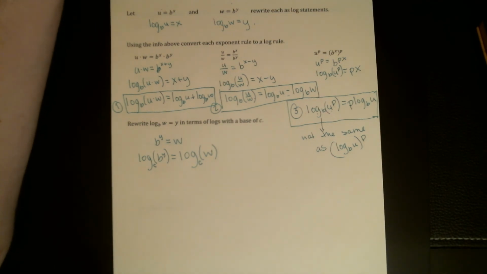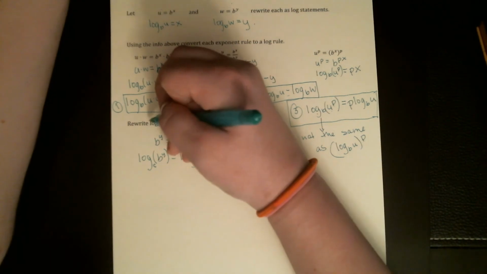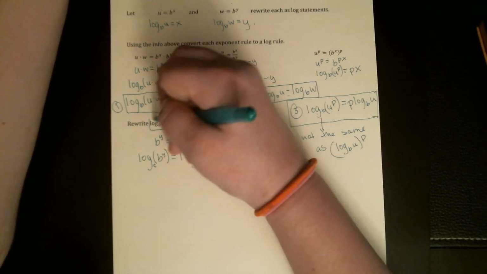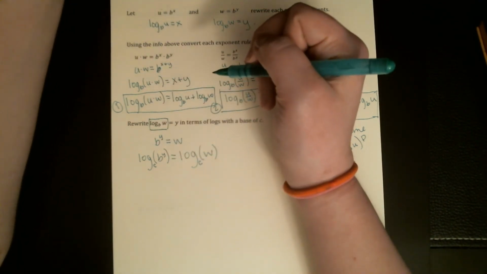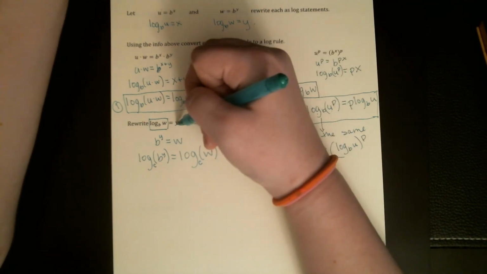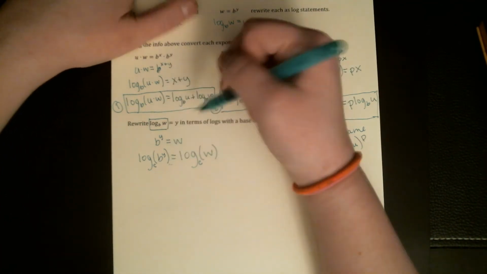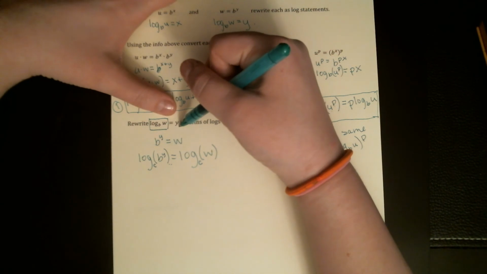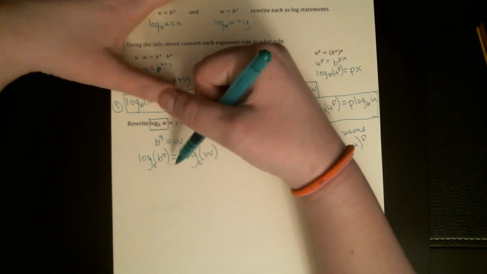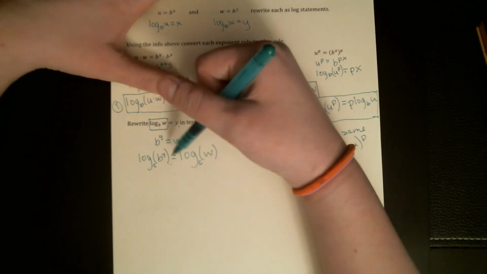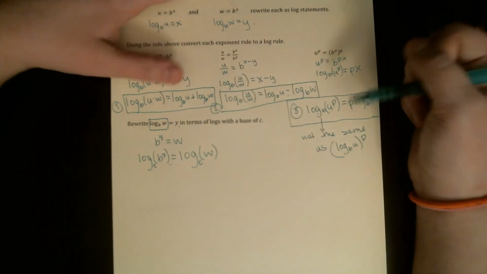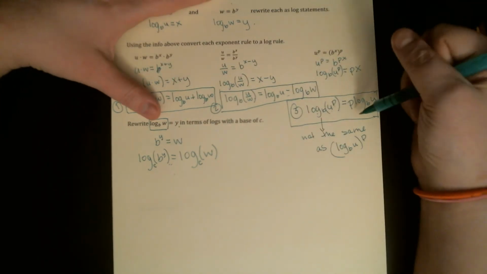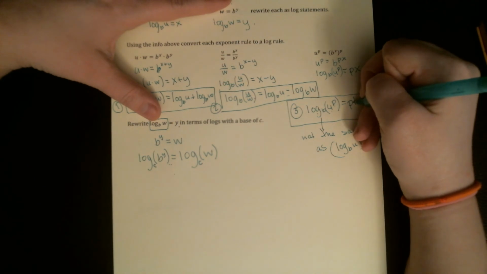And what I'd really like to be able to conclude is that the log base b of w is equal to something that involves log base c's. So I'm going to go ahead and solve this for y, because if my original thing was equal to y and I get something new that's equal to y, those two things have to equal each other as well. What I get to do is take advantage of property number 3 that I just got. Let me make sure this is really clear.